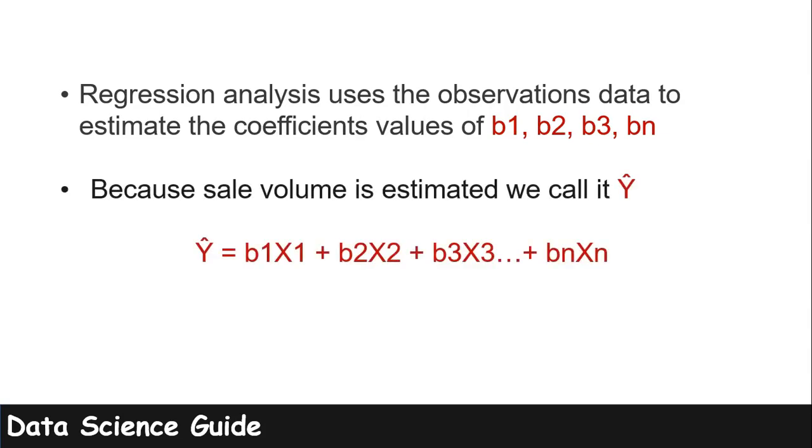Because the sales volume is estimated, we call it Y hat instead of Y. So Y hat equals B1 times X1 plus B2 times X2 plus B3 times X3 plus Bn times Xn. Y, which is the actual value, is not equal to Y hat, which is the estimated or predicted value.